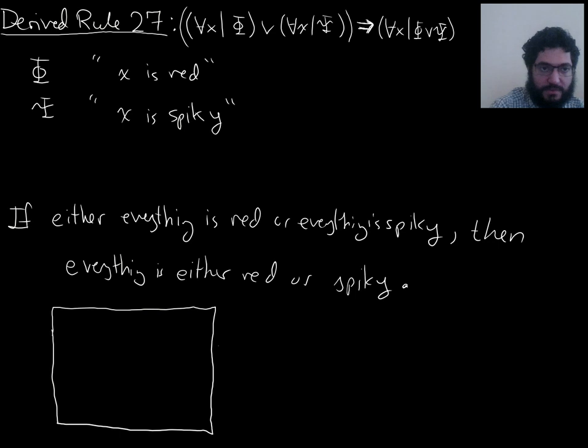So let me put in this red thing, which is not spiky, and this blue thing, which is spiky. And maybe a green thing, which is spiky.